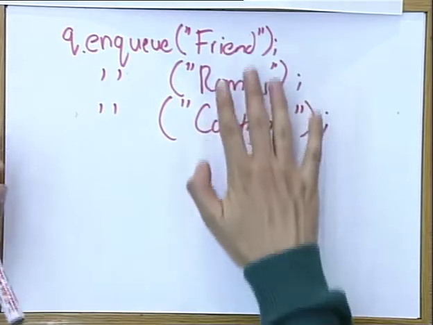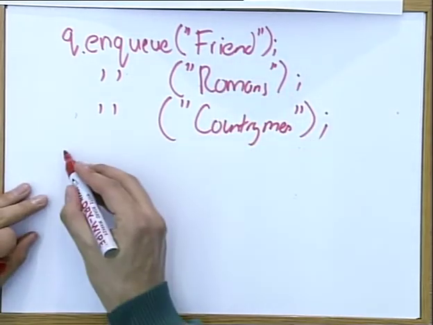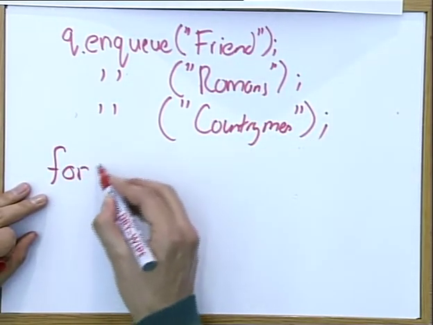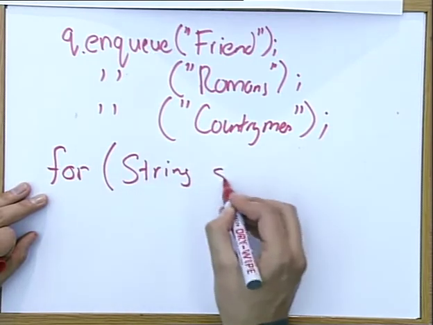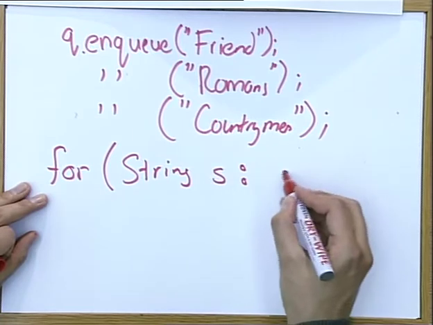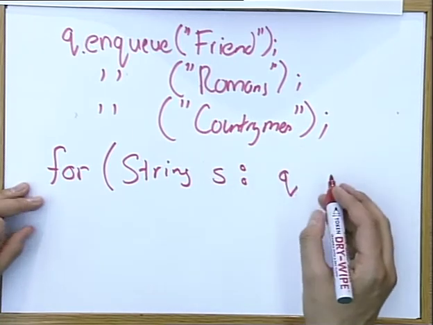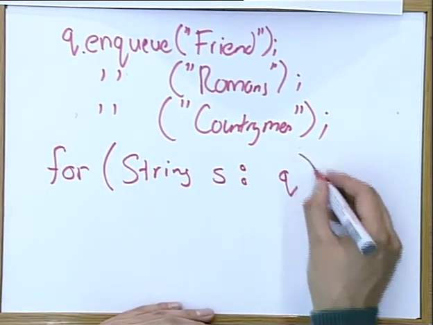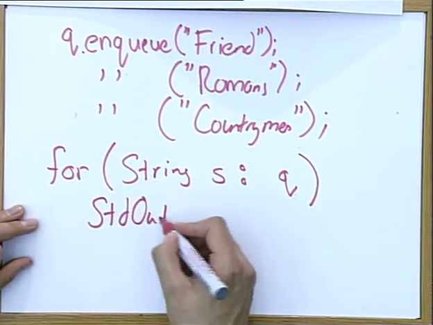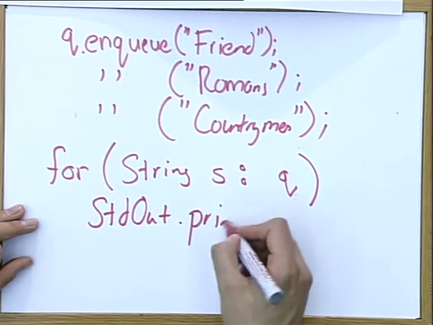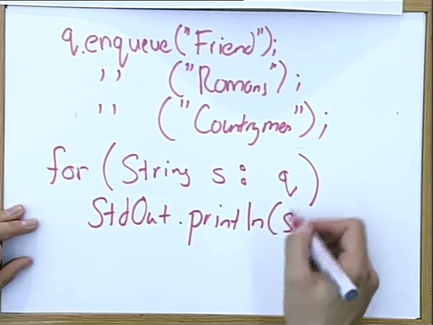In any case, you add all these elements, and now I can do for (String s : queue). Since it's there, we can print out StdOut.println(s).